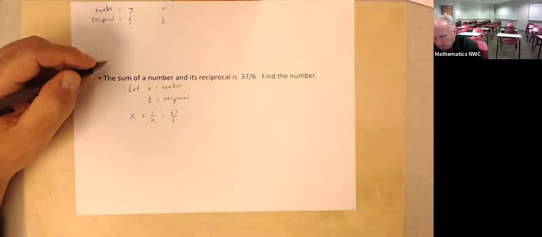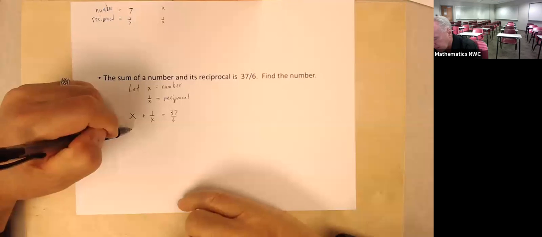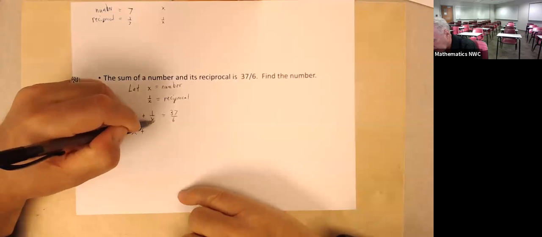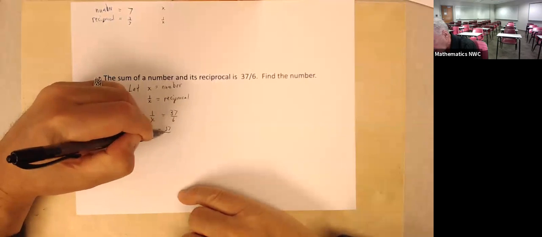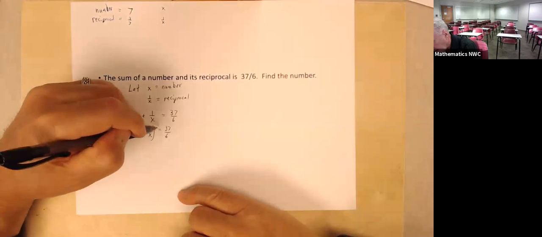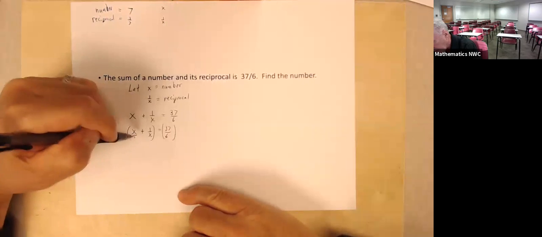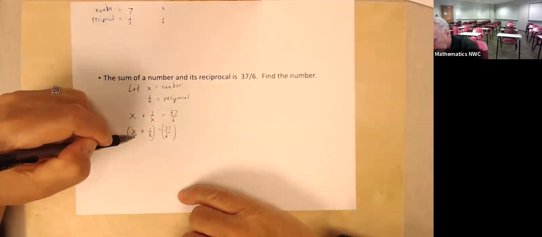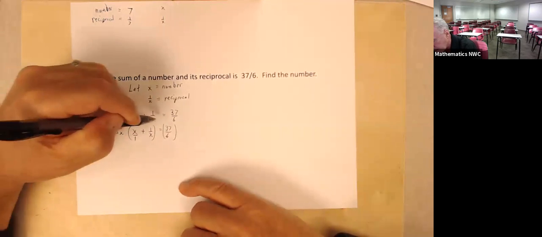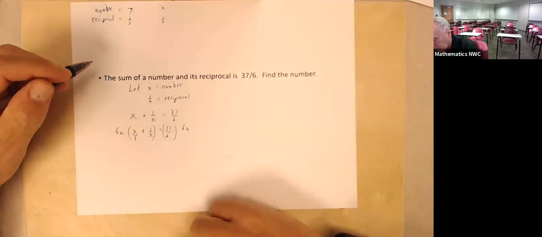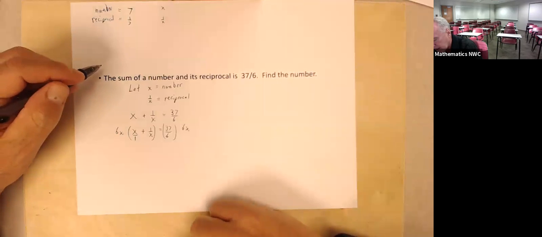Okay? Well, to simplify this, I have to get rid of these fractions so that I can solve them. What we're going to do is multiply by the common denominator. 1, x, and 6, the common denominator is 6x. I'm going to multiply through by the common denominator.